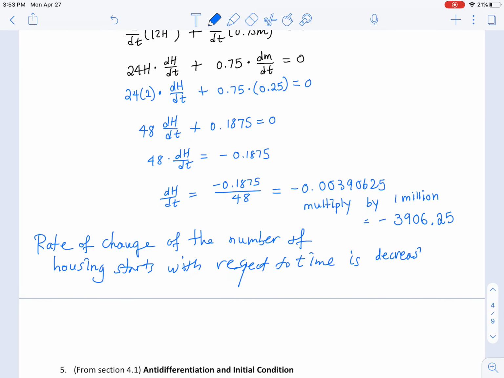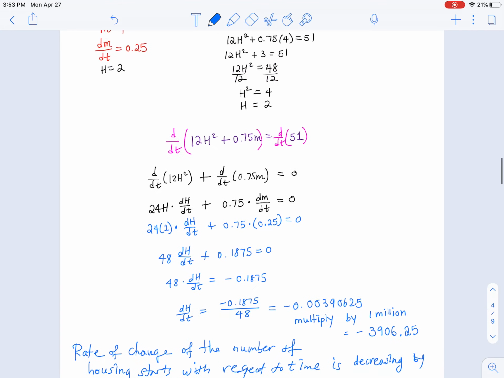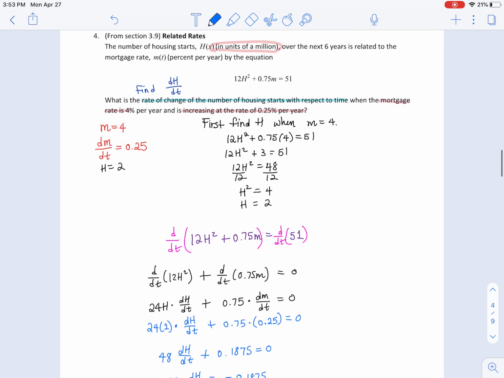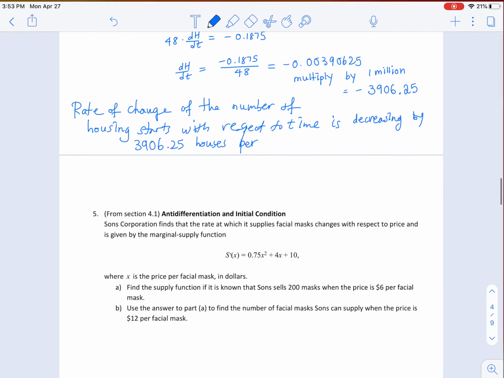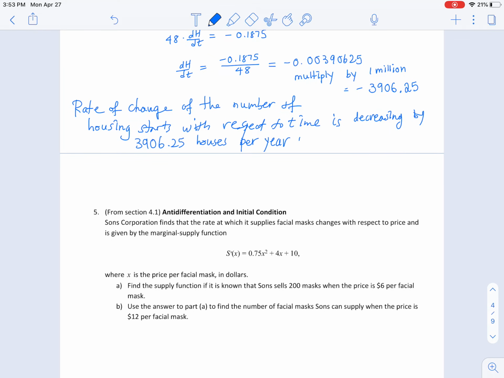What will you say? Decreasing by 3,906.25 houses per. Now, what was the time unit? Was it years? Yeah, year. Per year.